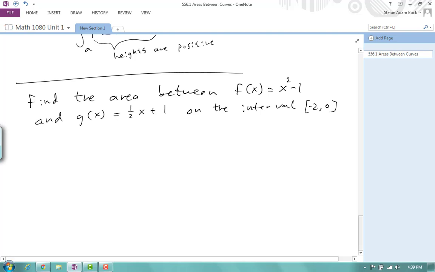And it's usually helpful to draw these pictures just in case. So from -2 to 0, I'm going to be looking at the left side of the stuff. X squared minus 1 looks something like this. Whoa.